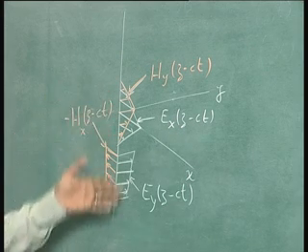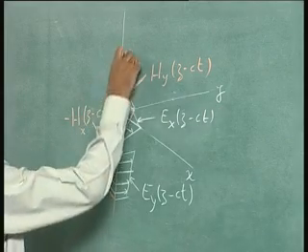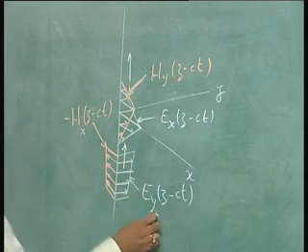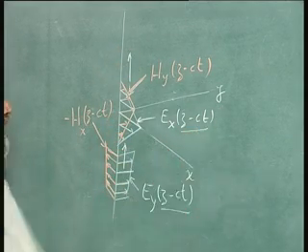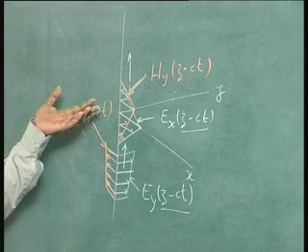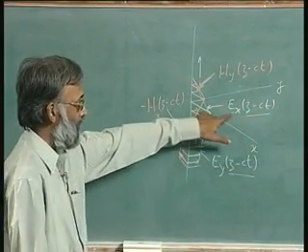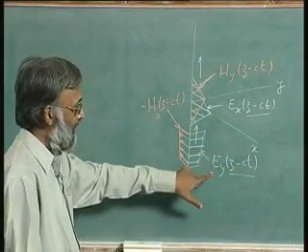Both of these solutions are valid, and they both will travel in the positive z direction because they depend on z minus c t. You can have two more waves which will depend on z plus c t, one of which has E x and the other has E y.